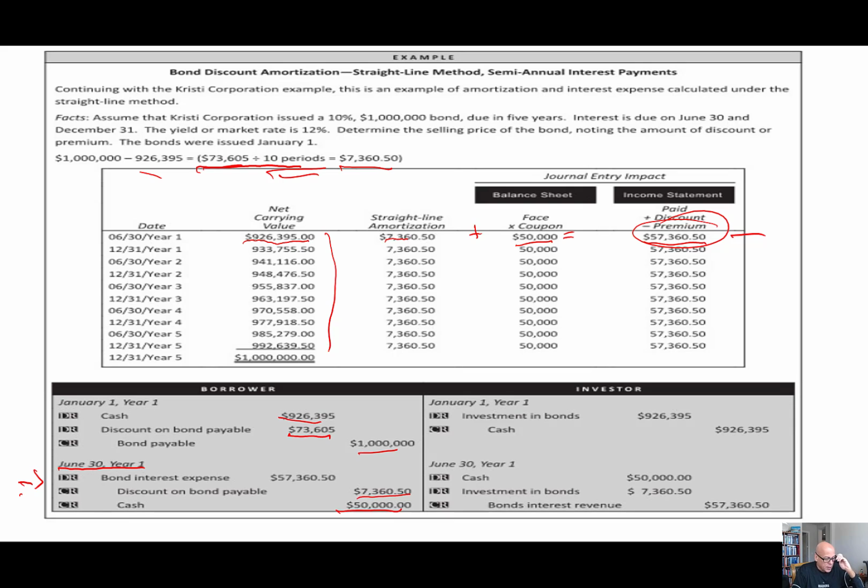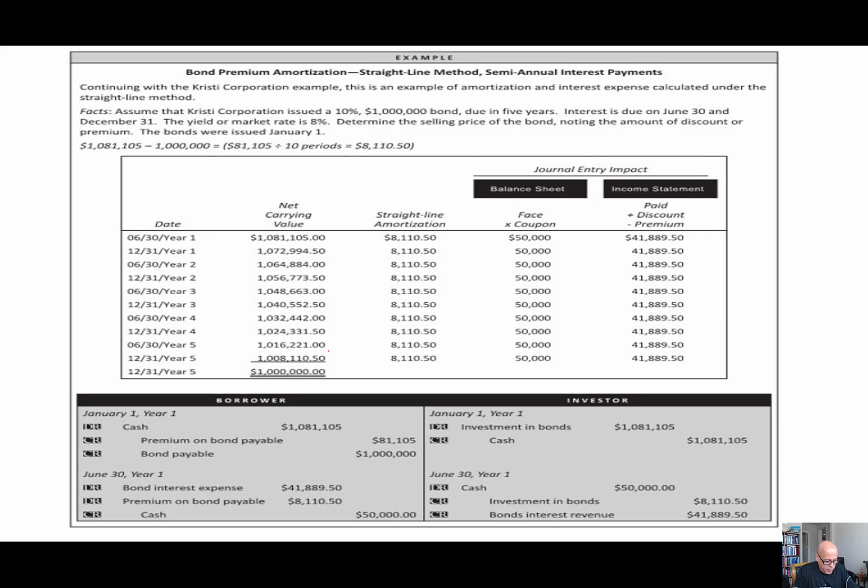Okay, good. Now you come over and you look at the amortization of the premium. Remember this bond was issued for more than face, so we got this extra $81,105, and we're only going to have to pay back the $1 million.